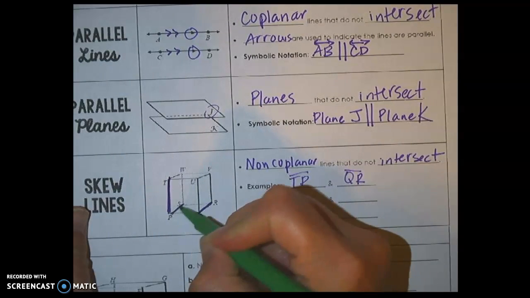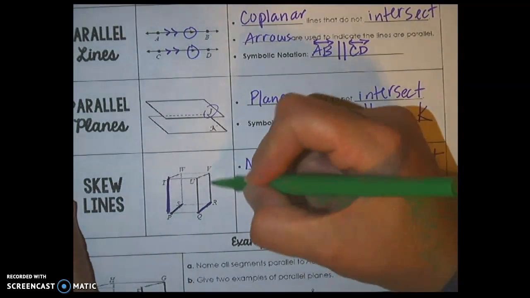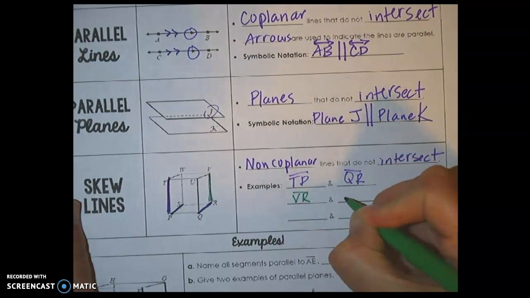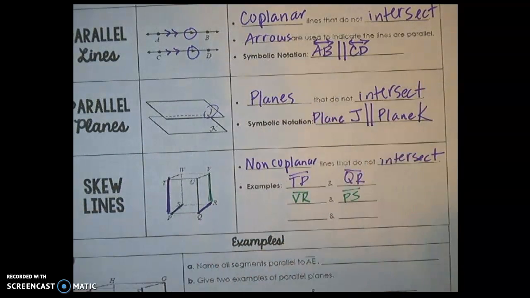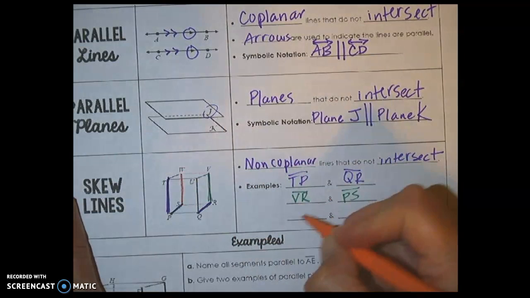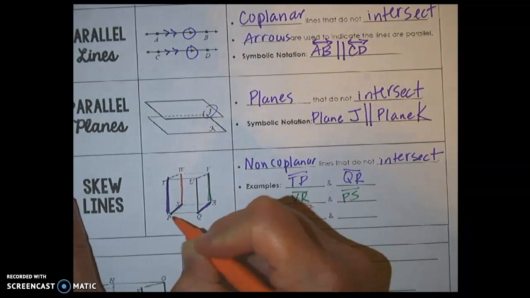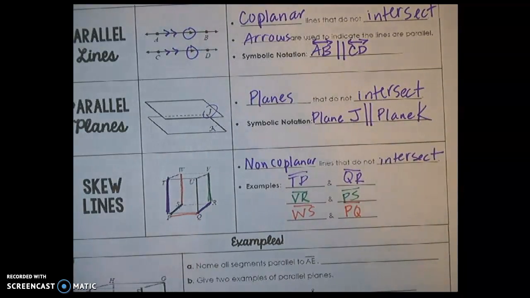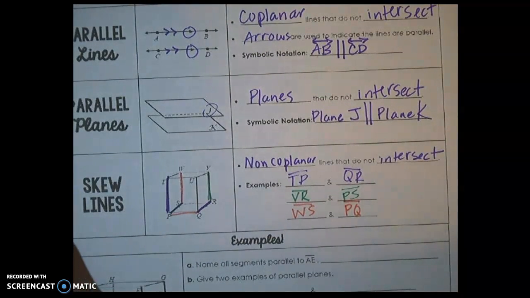This PS right here, PS and VR are an example. And another example would be this WS back here and this PQ up front. So those are segments that are not in the same plane that do not intersect.